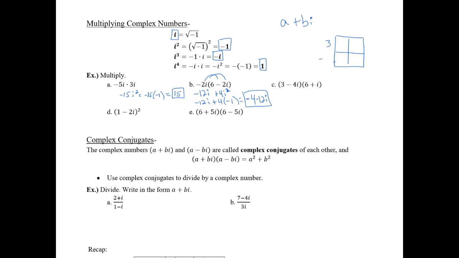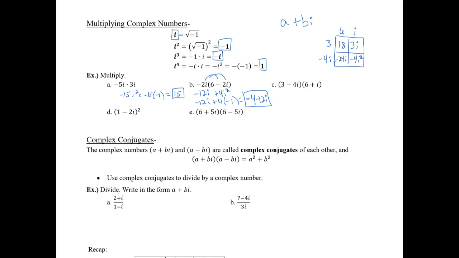So 3 minus 4i goes on one side, and 6 plus i goes on another side. Then we multiply the boxes together. 3 times 6 is 18. 3 times i is just 3i. Negative 4i times 6 would be negative 24i. And negative 4i times i is negative 4i squared.